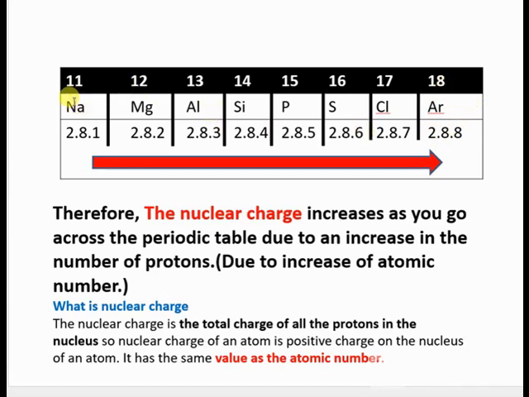If the atomic number is 11, the nuclear charge, the force pulling the outermost energy level towards the nucleus, is 11. Here the force of attraction pulling these 8 electrons towards the nucleus is 18. So you cannot compare the force of 11 and the force of 18, because the nuclear charge depends on the atomic number. It is important for you to understand this because as we explain across the period, you need to understand the nuclear charge.